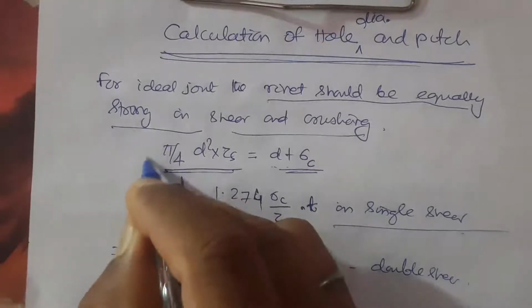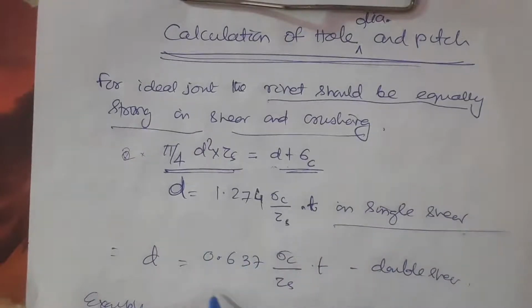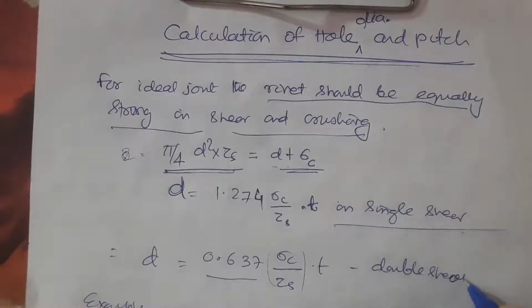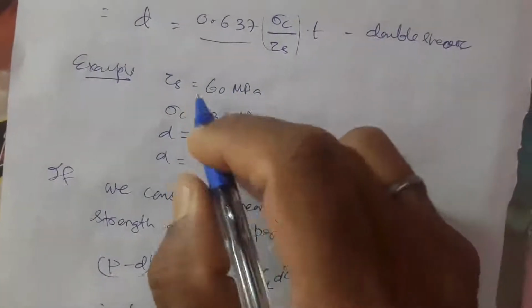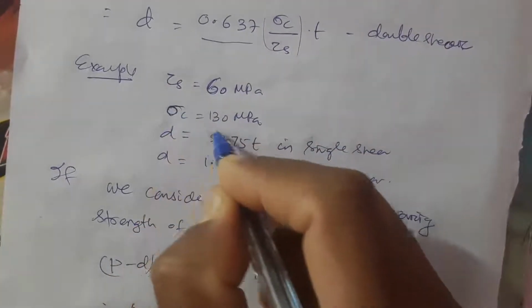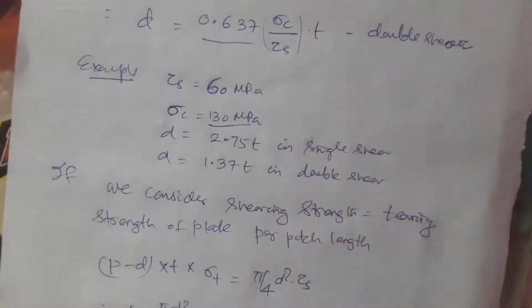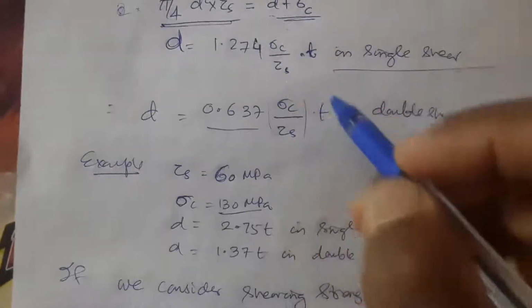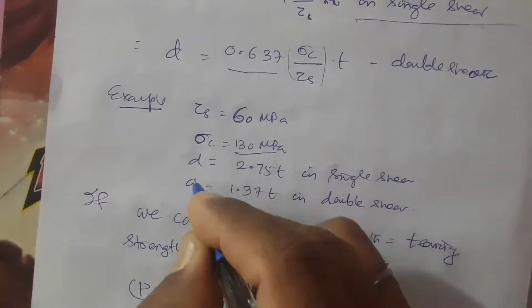For double shear you have to multiply by 2 here, so it will be divided and you get 0.637 into σc by τs, and this is in double shear. If you take an example of a steel rivet having 60 megapascal shearing strength and crushing strength of about 630 megapascal, and put these values in, you will get 2.75 times t in single shear and 1.37 times t in double shear.